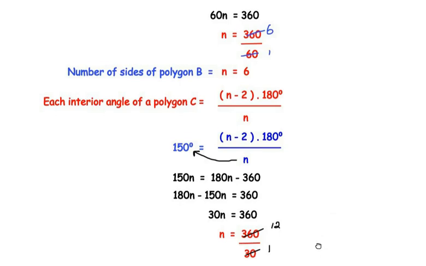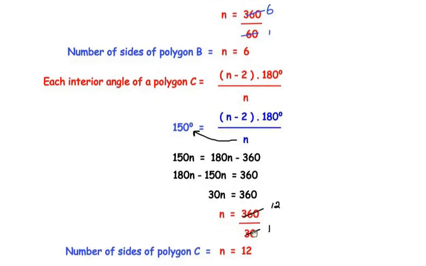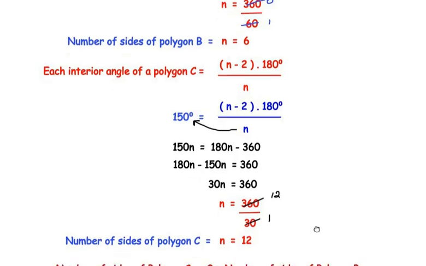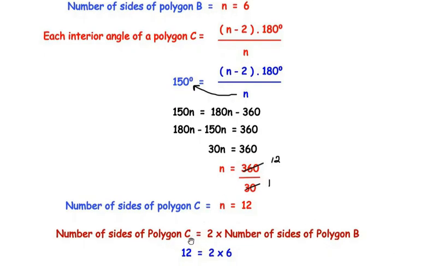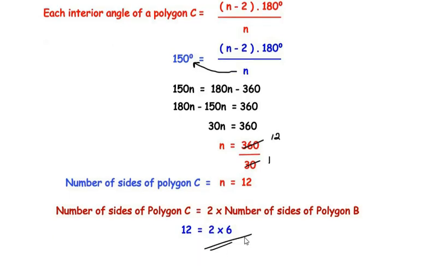So the number of sides of polygon C is 12. So here we have shown that the number of sides of polygon C is equal to 2 times the number of sides of polygon B, because the number of sides of polygon C is 12 and number of sides of polygon B is 6. So this is going to be our answer.